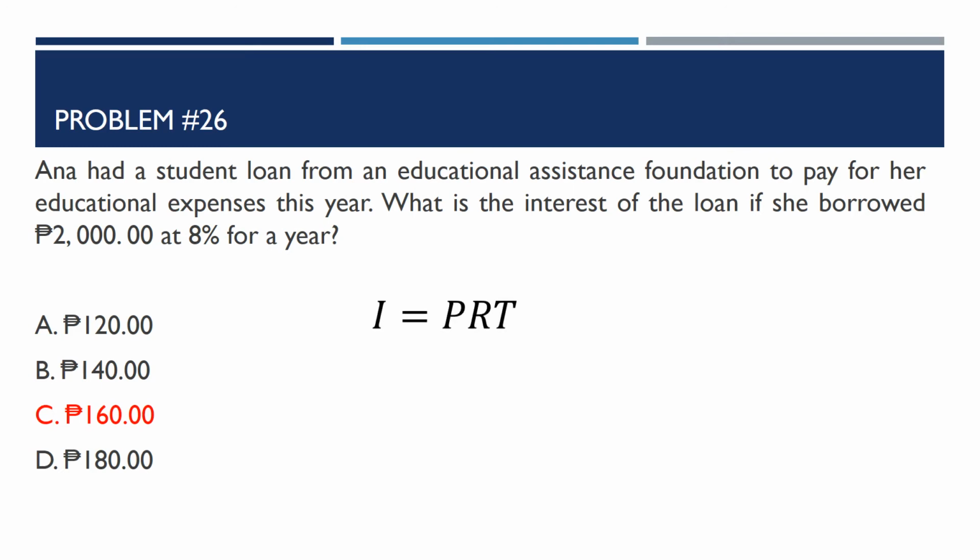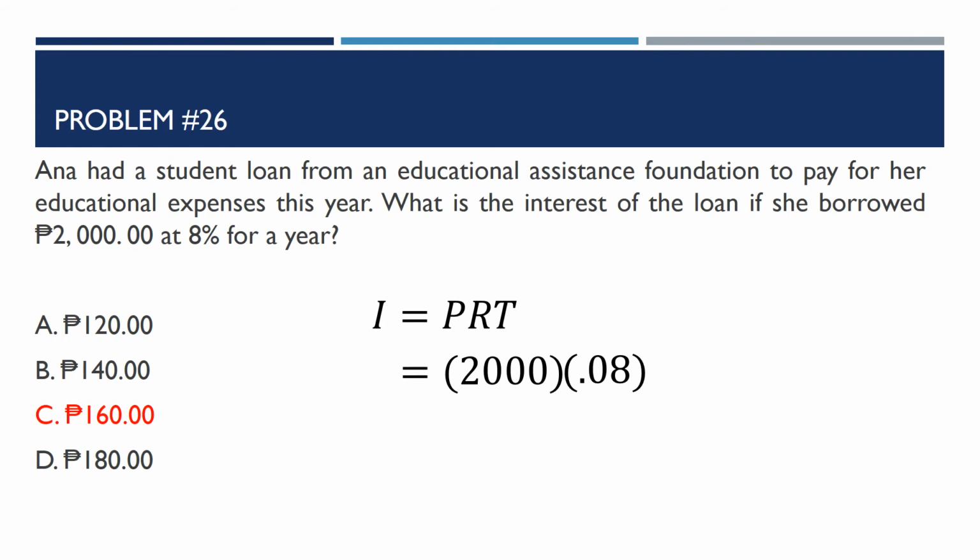To find the interest, we use this formula, PRT, or principal amount times the rate times the time. So let us substitute based on the given. The principal amount, or the amount borrowed, is 2,000 times the rate, which is 8%, but of course we change it to a decimal so that it can be computed, because we cannot compute it if it's in percent.